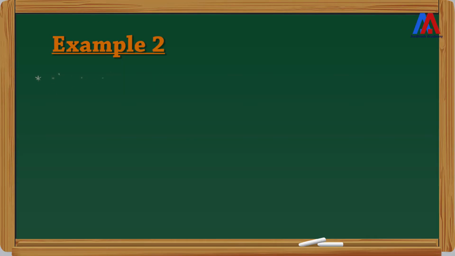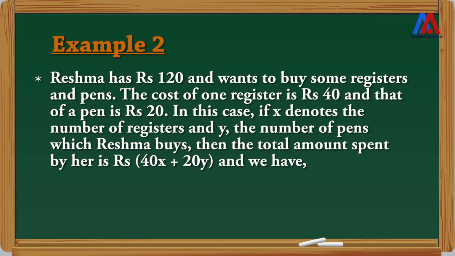Now in this particular example we found that there was only one variable, that was the number of packets. There is a possibility of having more than one variable also. So let us see another example. Reshma has rupees 120 and wants to buy some registers and pens. The cost of one register is rupees 40 and that of a pen is rupees 20.